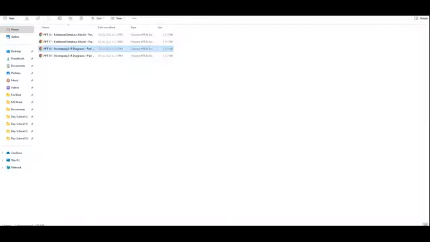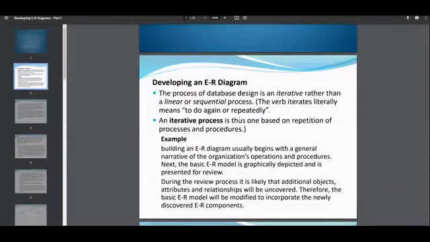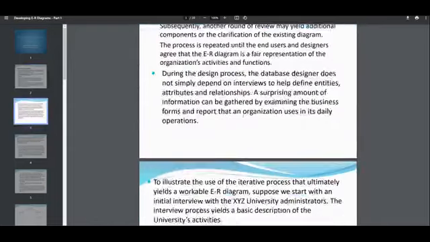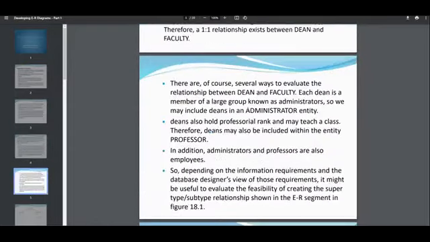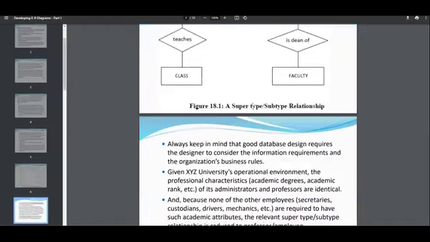Then the next two presentations are about developing ER diagram part 1 and developing ER diagram part 2. You have to handle the things you learned properly, and just find a question. Now you can find questions from your past papers and try to write answers for the given scenarios.